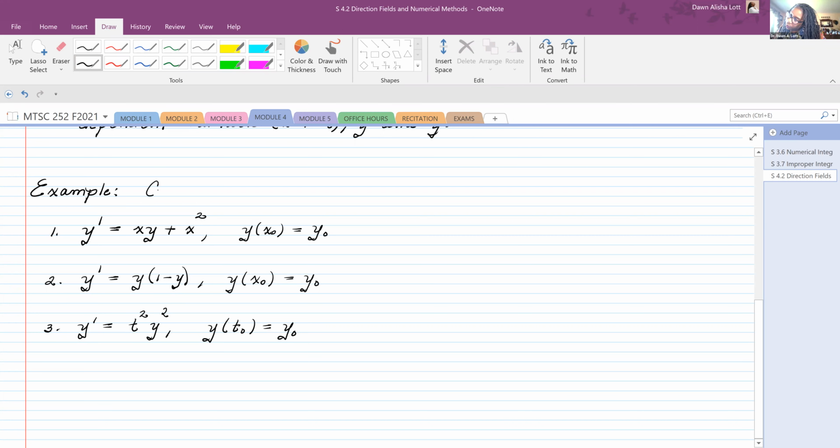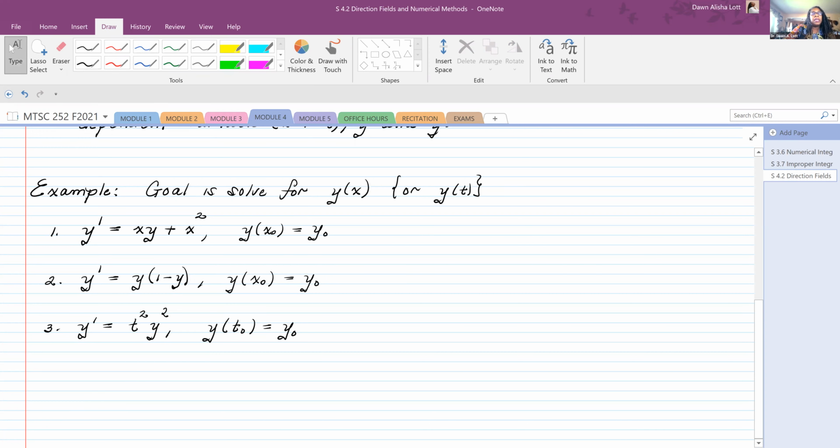So the goal is to solve for y equal to f of x, or y of x, or y of t. Okay, so this is what we consider to be a differential equation.